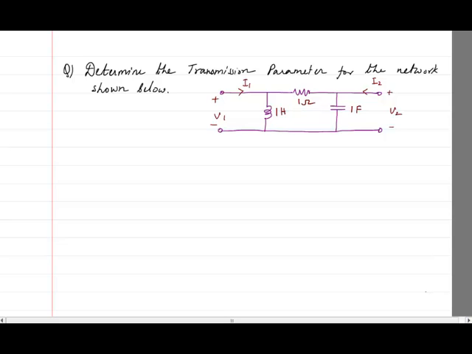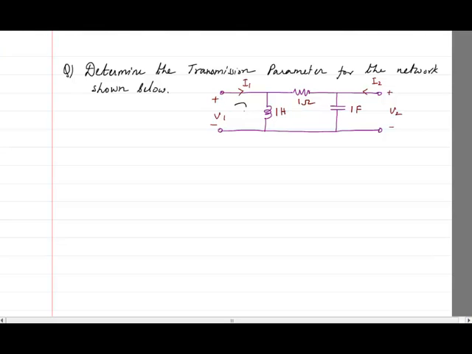What about transmission parameter? You can use either KVL or KCL. With the help of both, you can find out the answer. Okay, so I know that for most of the students, KCL is the easiest method, so I will follow KCL here. So first thing that we have to do is mark the currents and the voltages.